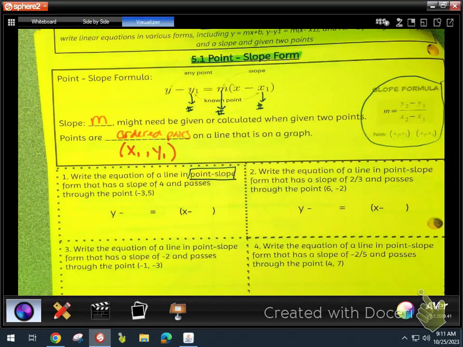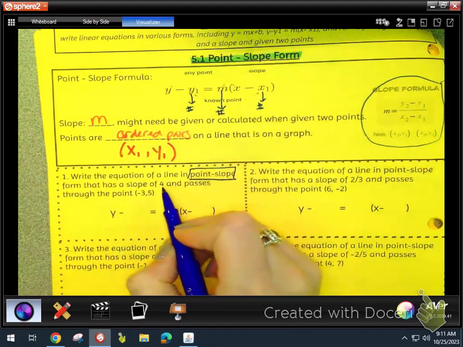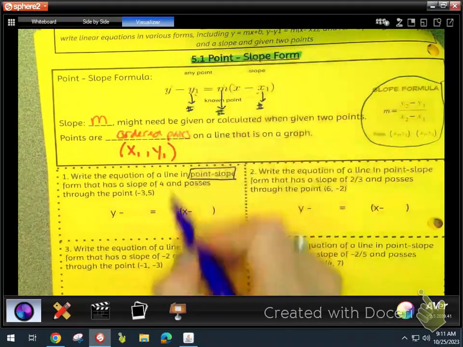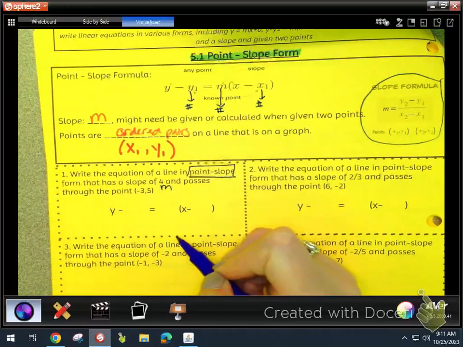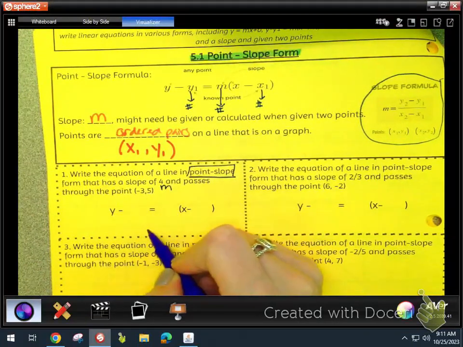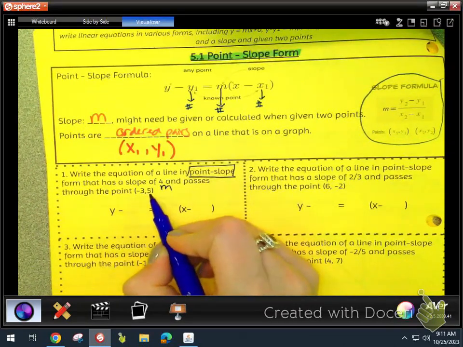So we want to write an equation in point slope form that has a slope of 4 and passes through the point (-3, 5). So let's label. Slope is 4, but what letter in our equation? M. I'm just going to put a label on it so I know where it goes. That's our M. 4 is our M. And it goes through the point (-3, 5).